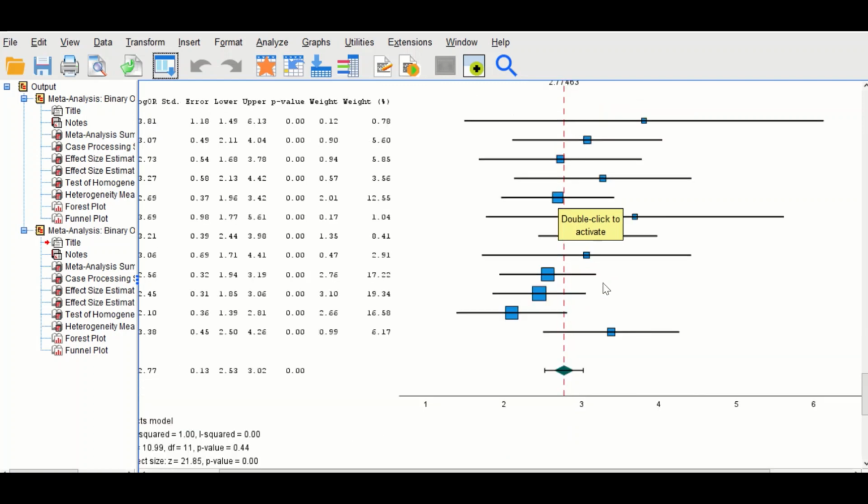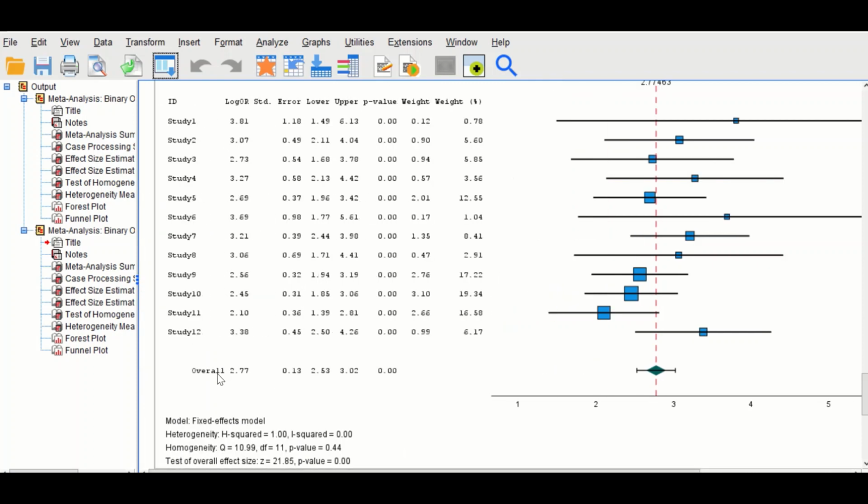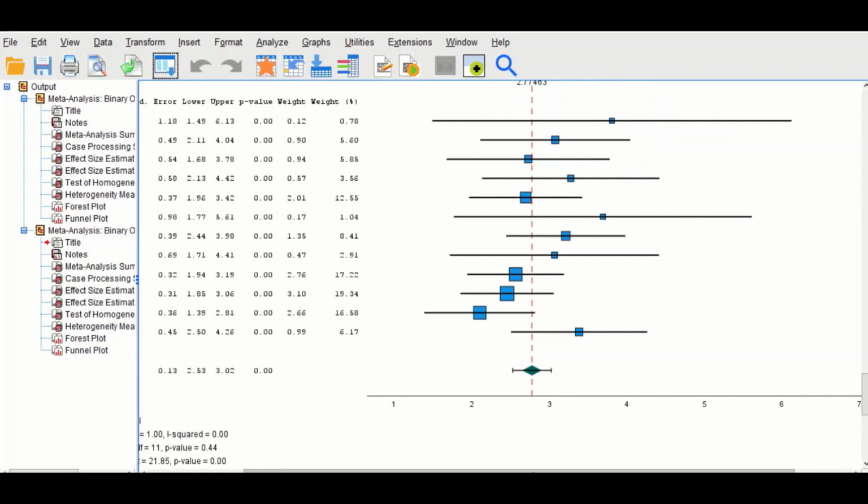So this graph here is a representation of the statistical descriptive for each study and for the overall effect size from these 12 studies.